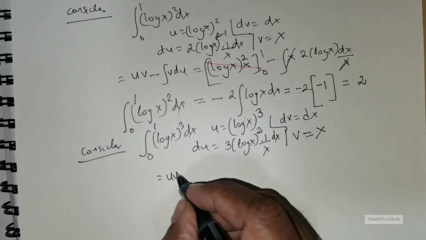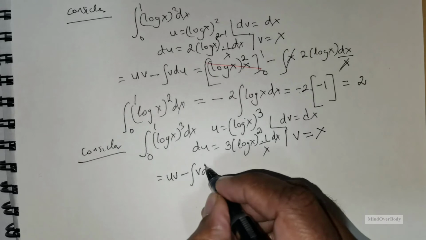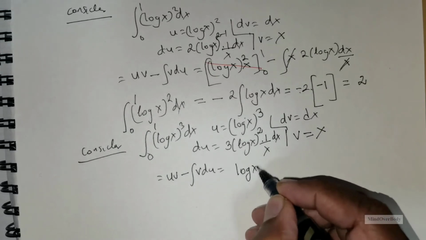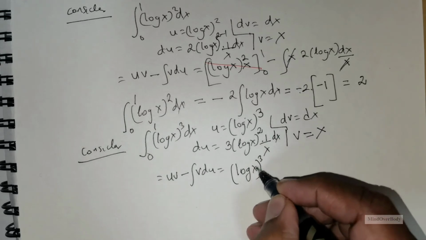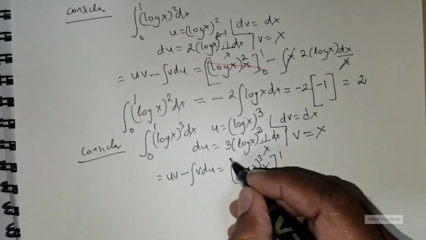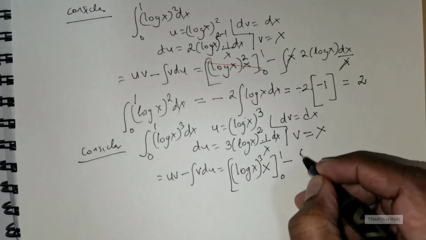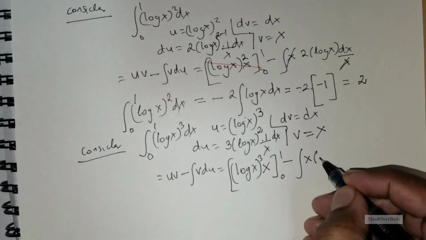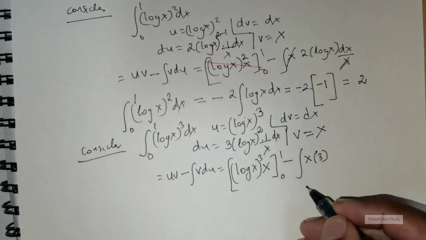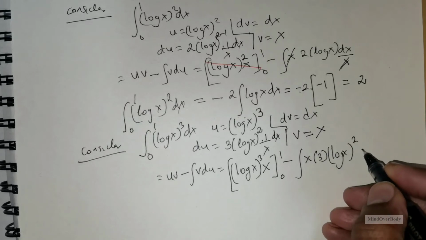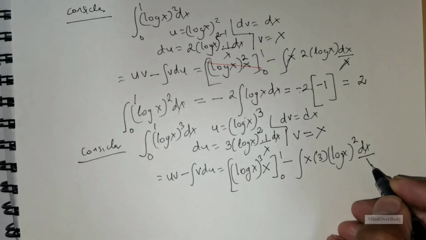So using the formula uv negative integral v du, in the place of u it's going to be (log x) raised to the power 3, in the place of v is going to be x. The limits are 0 to 1, followed by negative integral of v du: x times 3 times (log x) raised to the power 2 times dx over x.